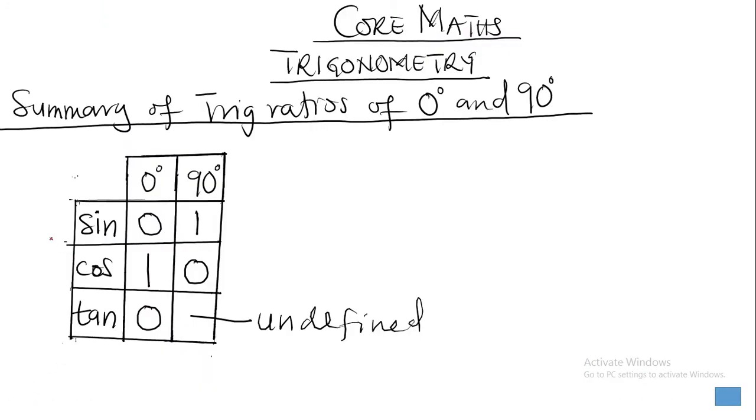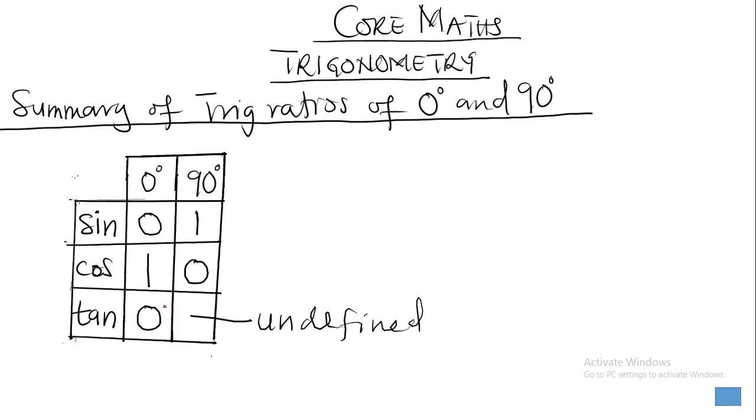Good. Now in our previous meeting, we looked at trigonometric ratios of 0 degree and 90 degrees angles. So we summarized the trig ratios of 0 and 90 in a table where we saw that sine 0 is 0, sine 90 is 1, cos 0 is 1, cos 90 is 0, tan 90 is undefined and tan 0 is 0.